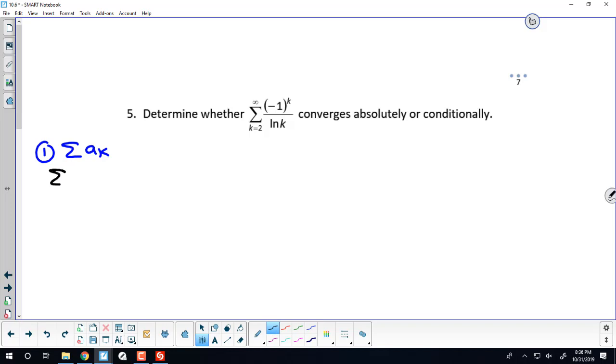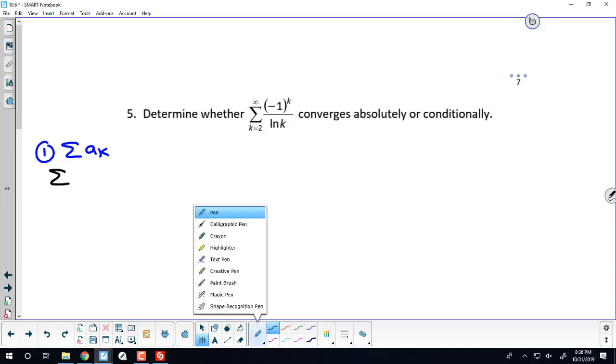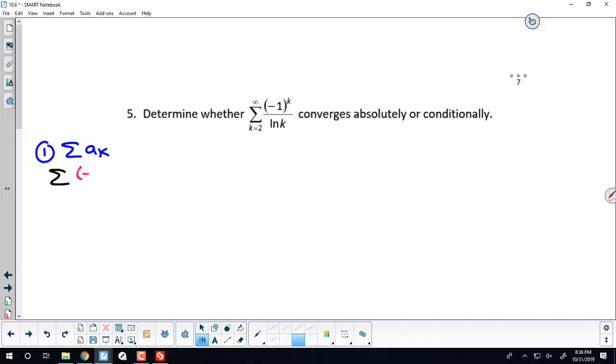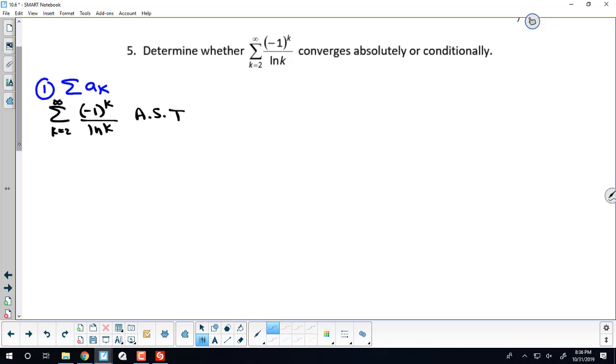So again, for the series itself, we have to use the alternating series test. For the alternating series test, we're just looking at our a_k being 1 over ln k.